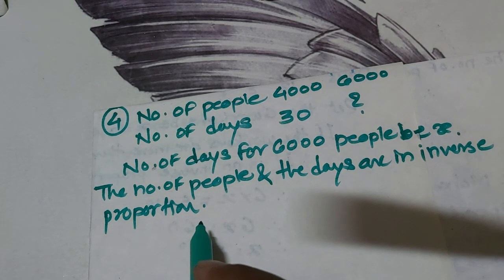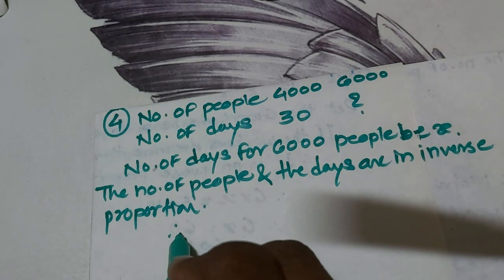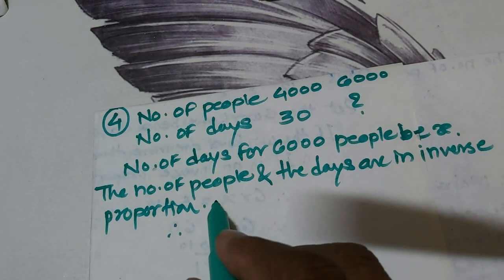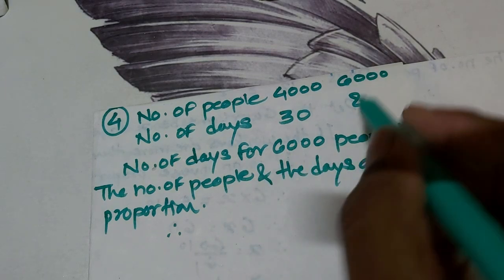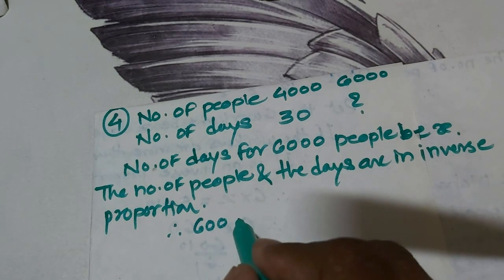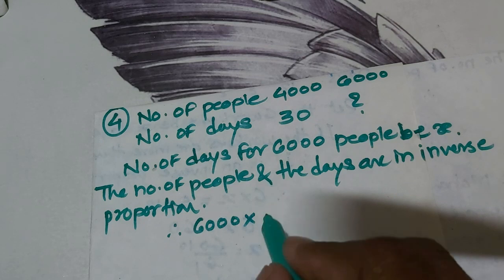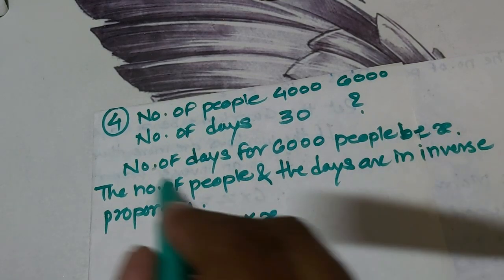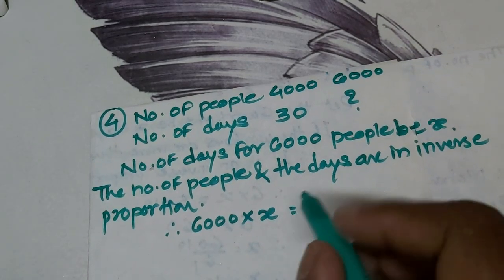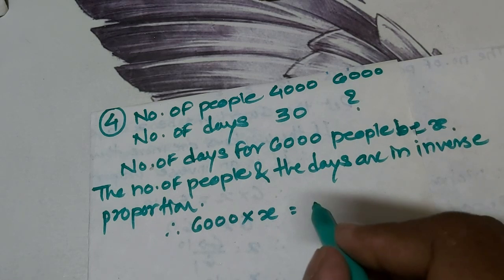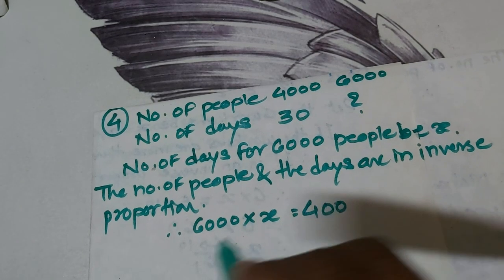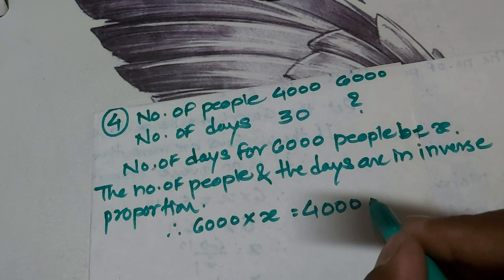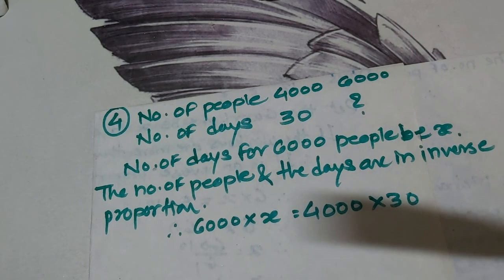Now we'll write our equation. Therefore now here this we have to find. So 6,000 people multiplied by x, that is days, we assume x days, is equal to 4,000 multiplied by 30.